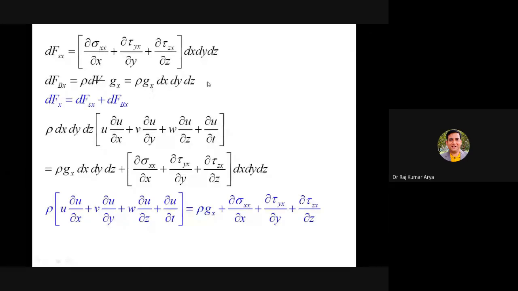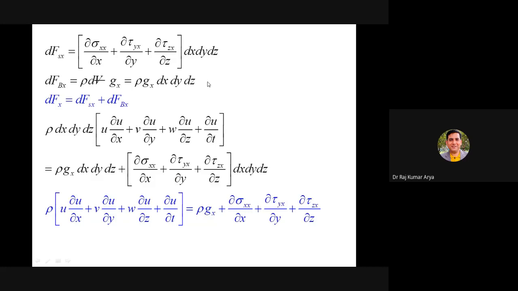Now you have all the forces, because a particular system can have two components only, a body force or a surface force. We are not considering any electrical force, any magnetic force or any other forces. We are only considering these two forces, the body force and surface forces.